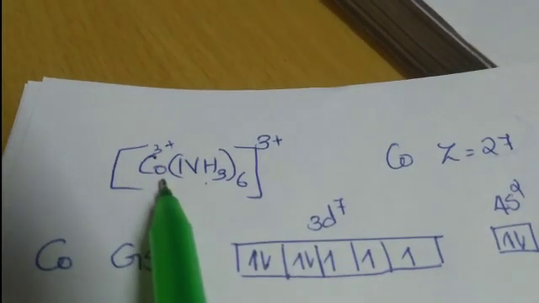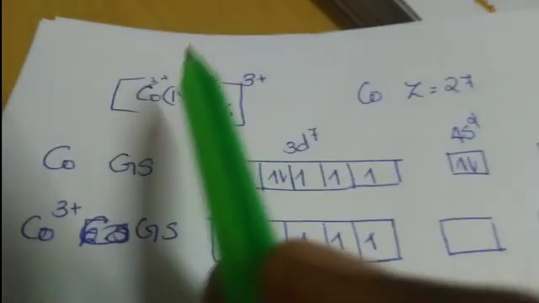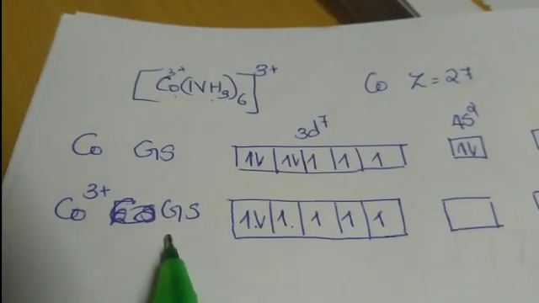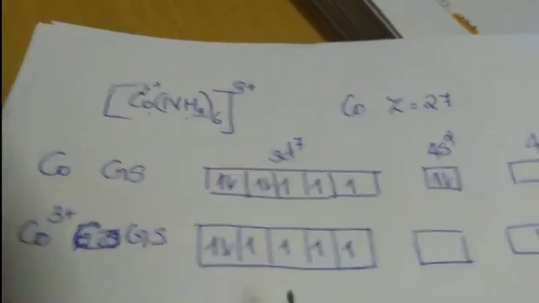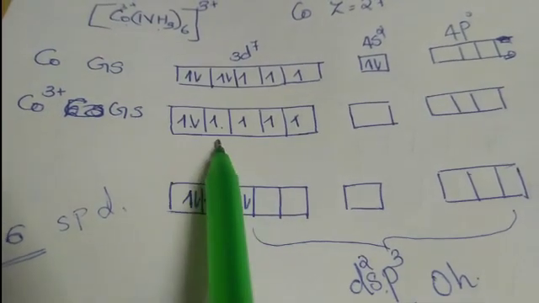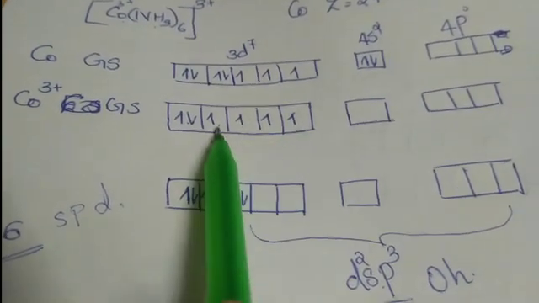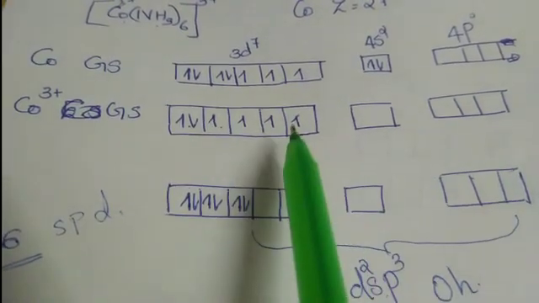Okay, how? First we need to find the oxidation state of the central metal. Then from that we need to write the ground state electronic configuration of that central metal ion. Then we need to write the excited state electronic configuration, that is, when the ligand approaches, the unpaired electrons will get paired and we get empty or vacant orbitals.